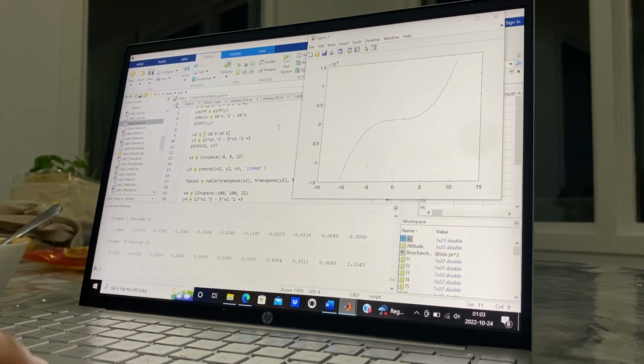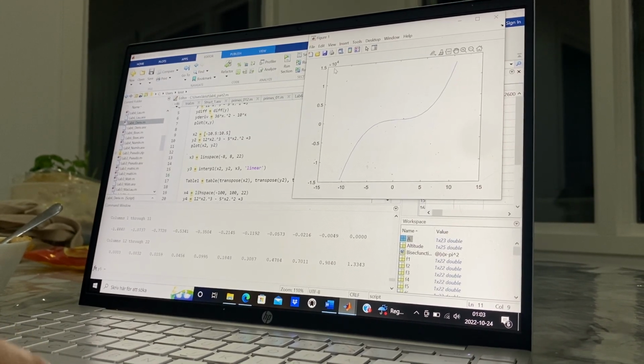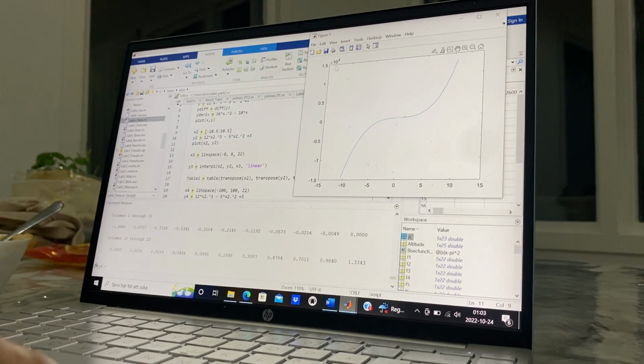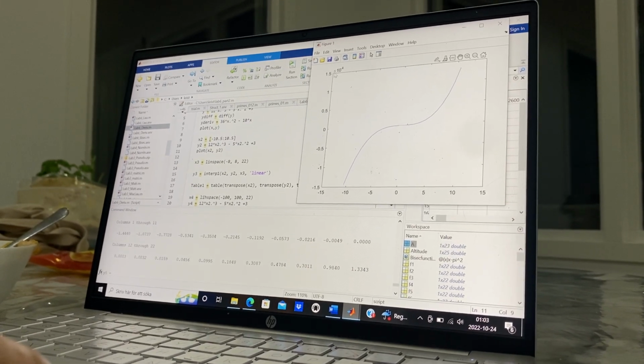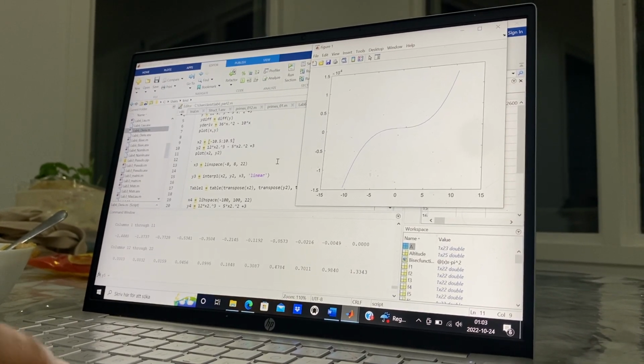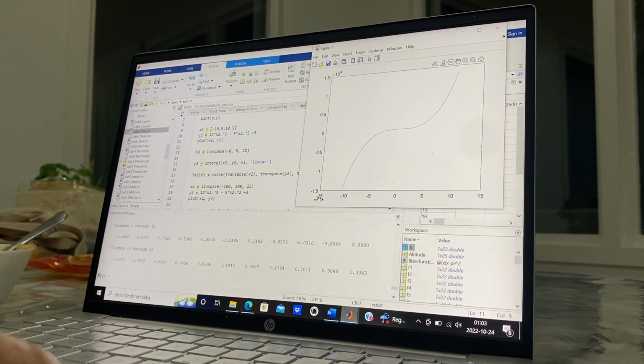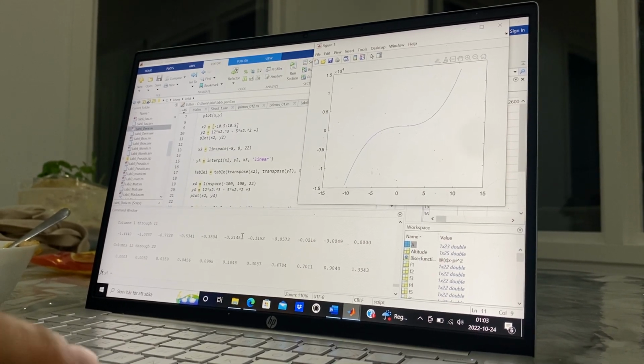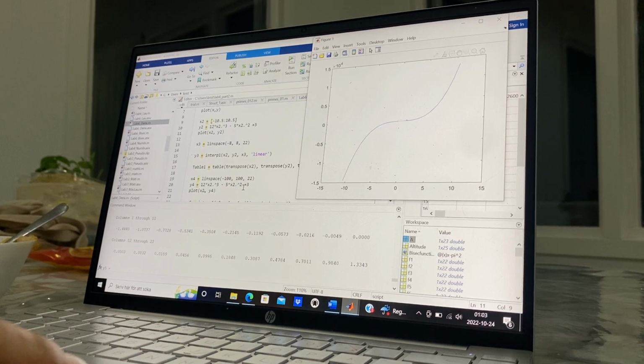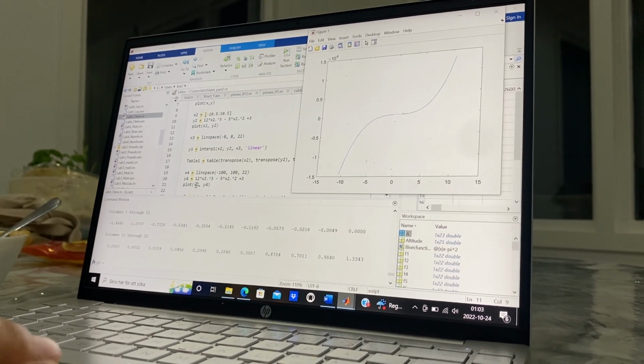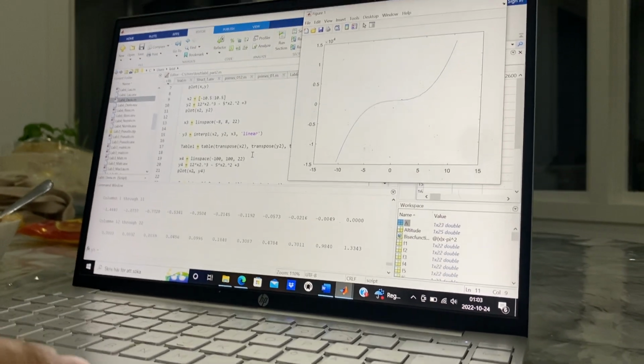So 1,500 here, 15,000, until minus 15,000. So this is the plot for the x2 and y2.